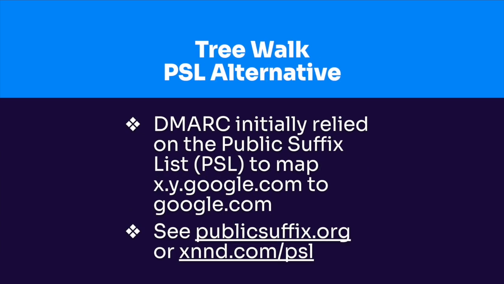First, let's talk about trees. DNS tree walk support. Historically, DMARC depended on something called the public suffix list, or PSL, to determine the organizational domain during DMARC policy evaluation. This is how mailbox providers looking for DMARC policy settings in DNS would make the jump from a subdomain like email.example.com to the organizational domain level like example.com.